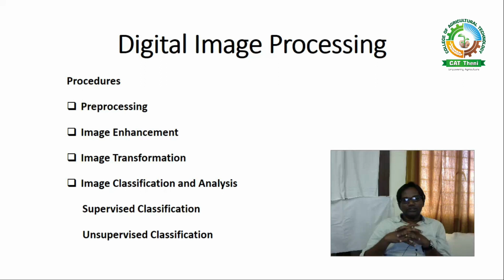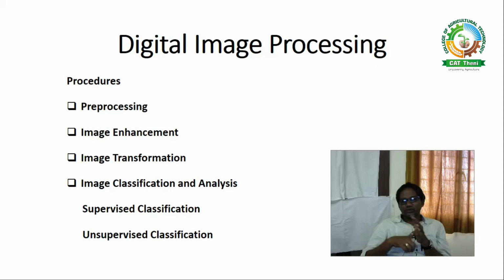And the fourth procedure in digital image processing is image classification and analysis. Based on the statistical characteristics of the reflectance, the image will be classified in two ways. There are two kinds of classification: one is supervised classification, another one is unsupervised classification. Supervised classification is otherwise called signature analysis.